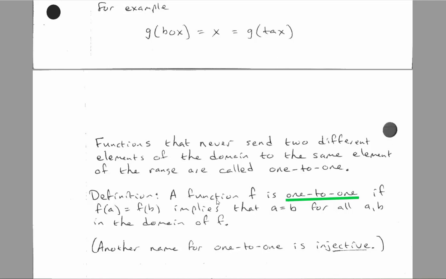If you remember the contrapositive, the contrapositive of this says that if a is not equal to b, then f of a is not equal to f of b. So that's what we're saying here. Two different elements never get sent to the same element of the range. So this definition is just the contrapositive, and this formulation is kind of easier to check.